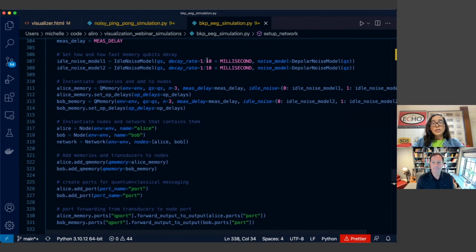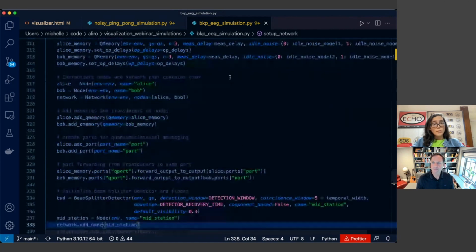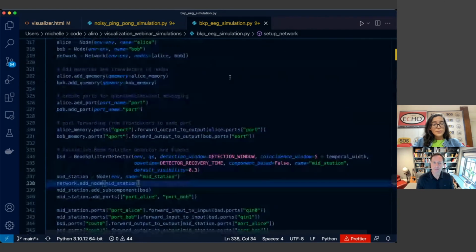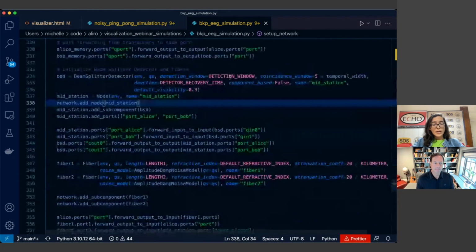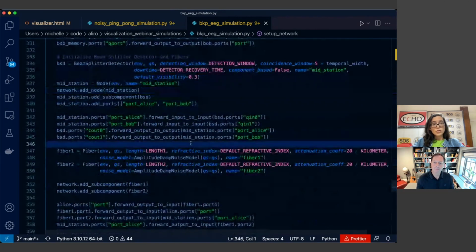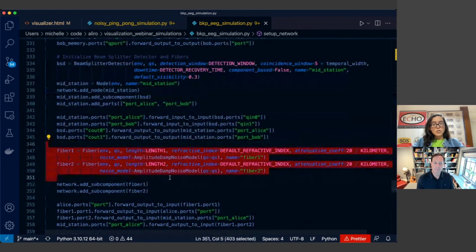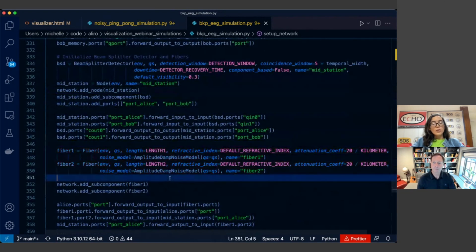So we're going to be using a 10 millisecond coherence time for these two memories this time, all right? And then if we scroll a little bit further in our script, we're going to find that we have also defined the two fibers we talked about. So here we are simulating two fibers that are 5 kilometers each.